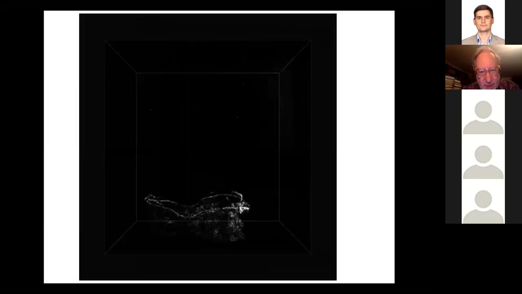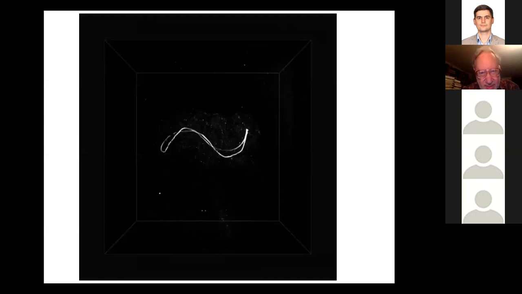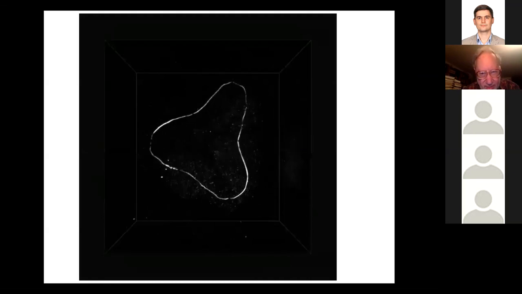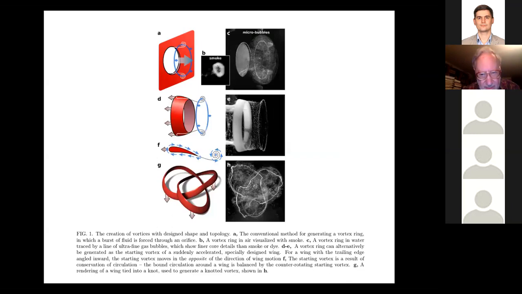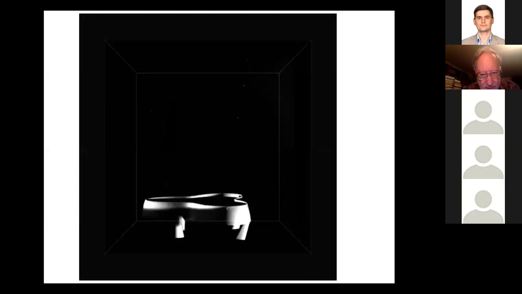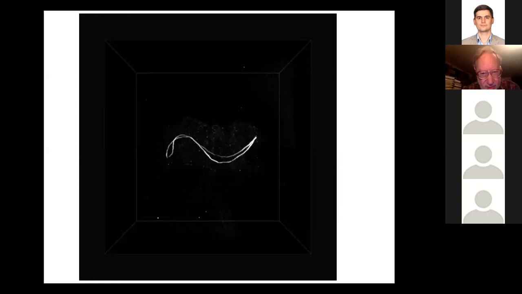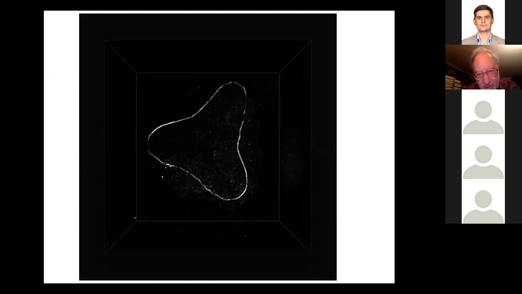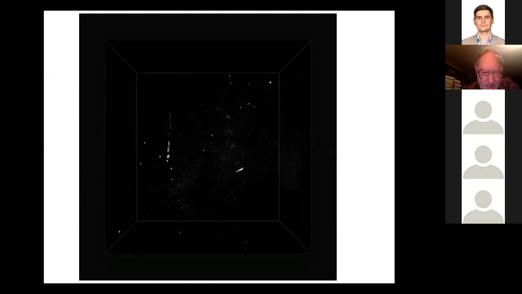So here's an unknotted vortex being produced by their method. I'll run it again just for the sake of being able to see it. The band went down, and that was actual. It went down and the vortex flies up, and high-speed photography in their lab allows us to see the result.